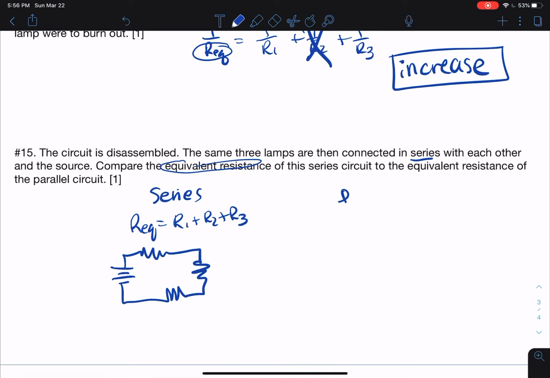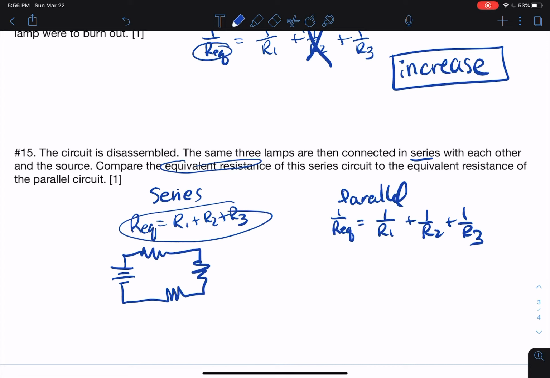And a parallel is going to be like what it has up at the top. And that's 1 over REQ equals 1 over R1 plus 1 over R2 plus 1 over R3. Okay, so comparing them, we would see that REQ is obviously going to increase because these are just being added together without any reciprocals or anything. So this is going to increase.